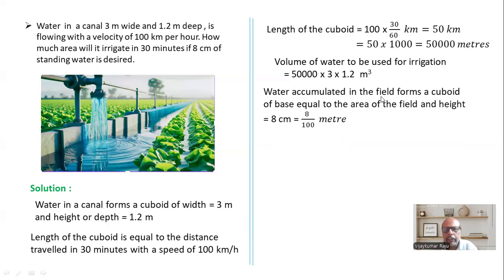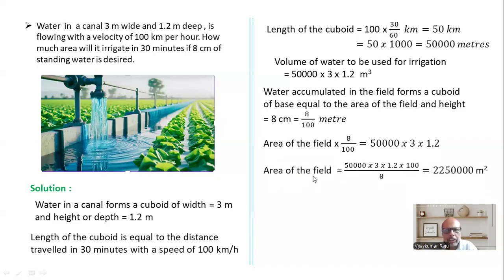Water accumulated in the field forms a cuboid of base equal to the area of the field and height 8 centimeters. We want everything in meters, so we convert this into meters, that is 8 by 100 meters. So area of the field into height is the volume of water flowing into that field.